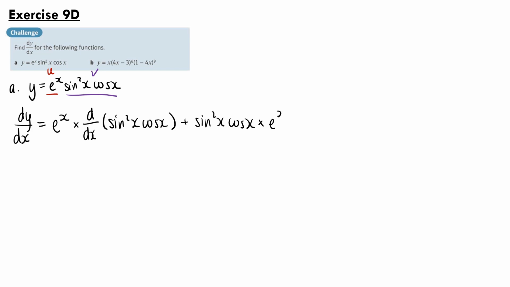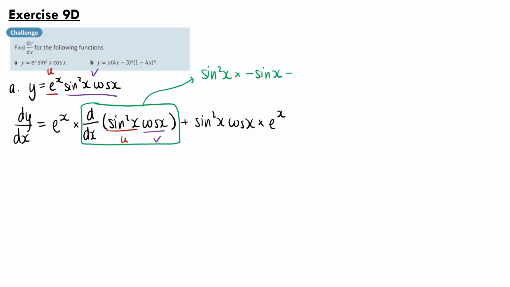Okay, and then we're going to have to use the product rule one more time for this here. So let's say the sine squared of x is our u and the cos of x is our v. So the derivative is then going to be u, which is sine squared x, times the derivative of v, which is minus sine x, plus v, which is cos x, times the derivative of u, and here we're going to have to use the chain rule.